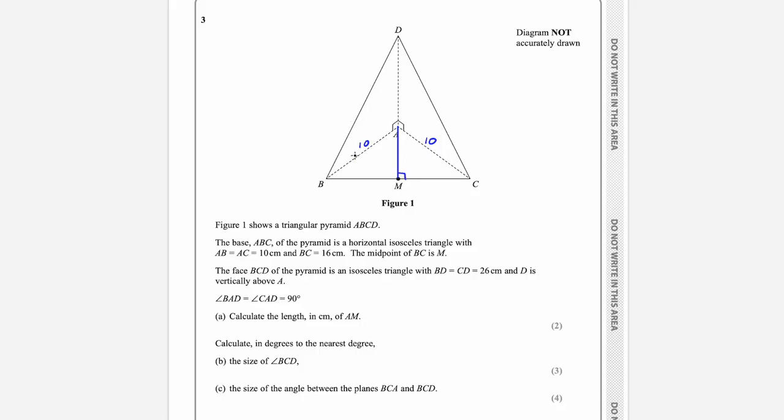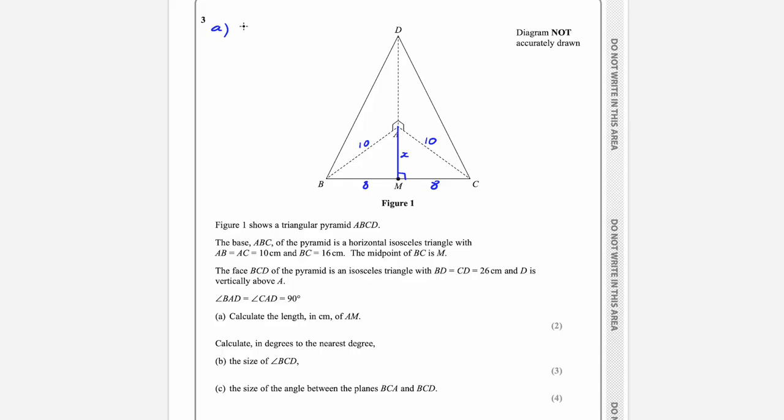He says BAD, so that's 90 and that's 90. And C, okay, that's not 90. What am I missing? BC is 16. Okay, sorry, this is what I'm missing. BC is 16. So this is 8 and this is 8. I'll call this X. I'm going to write up all over the place, guys, just so you can see, but you write down below.